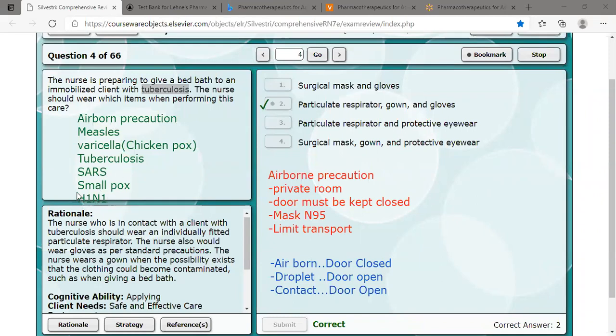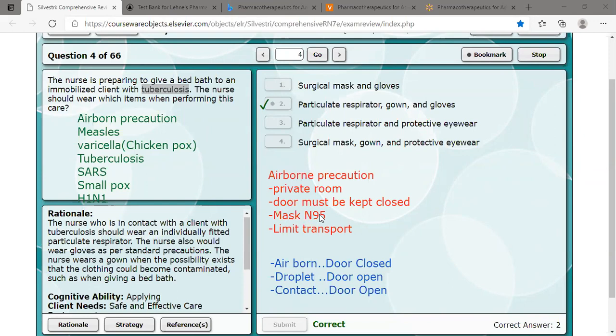This is the list of diseases we call airborne. So if my patient is diagnosed with an airborne disease, what precautions could we follow? Give them a private room, the door must be kept closed, and give them special masks called N95 particulate respirator masks.